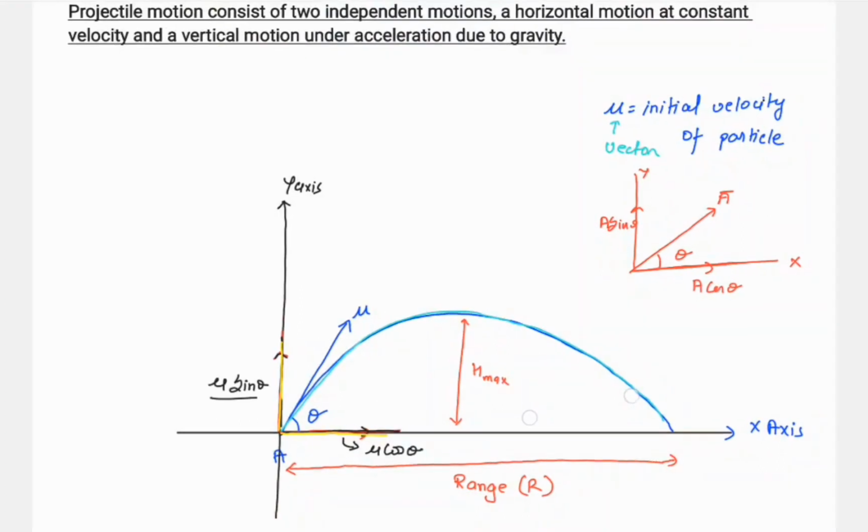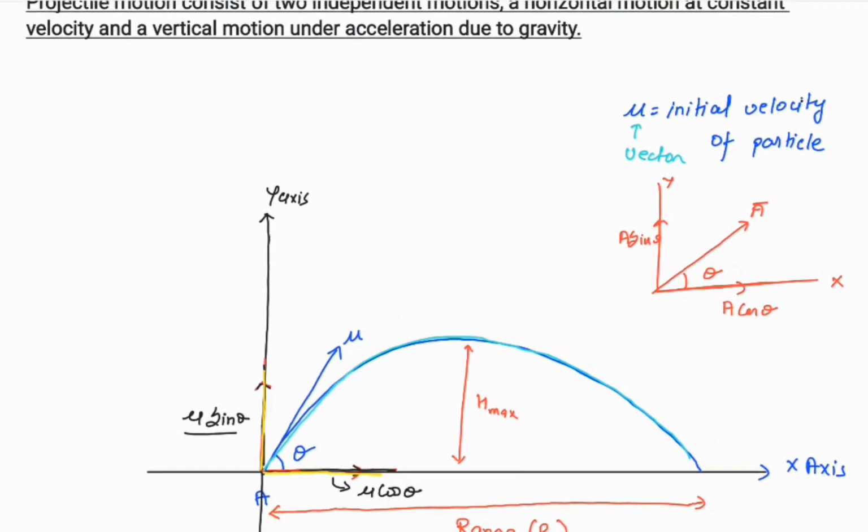Now, if you notice one thing in projectile motion: when the projectile is traveling from position A to position B, the end point, suppose at this point the velocity is like this.